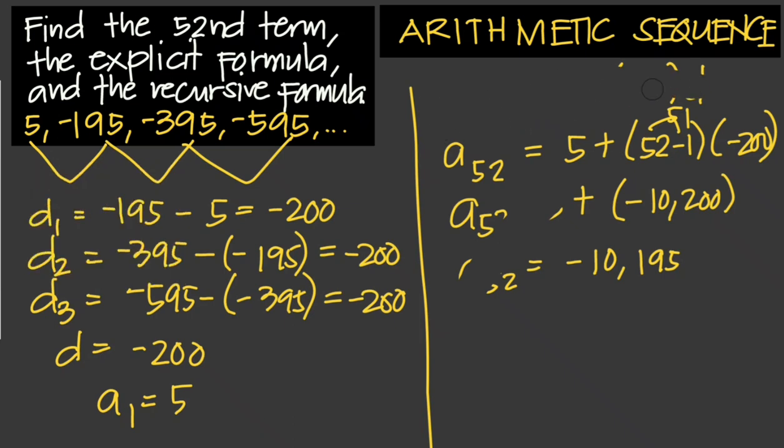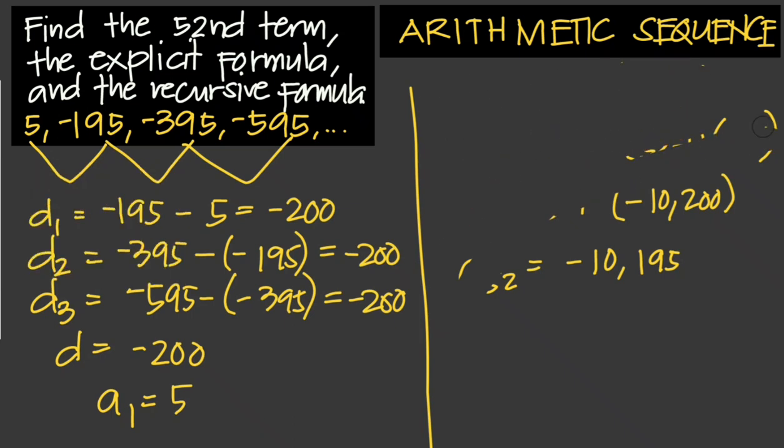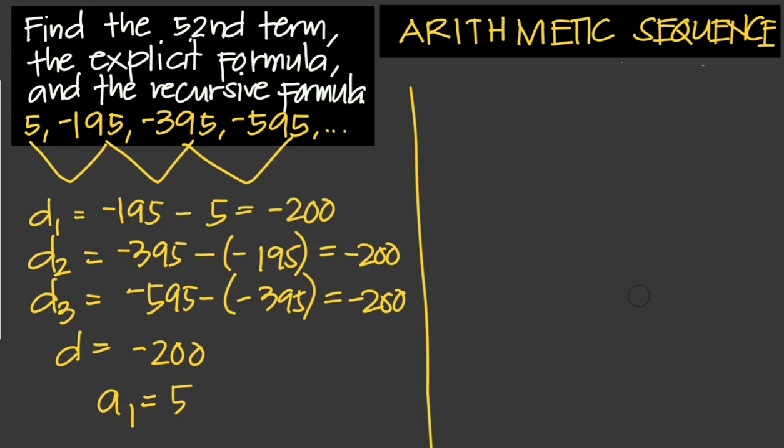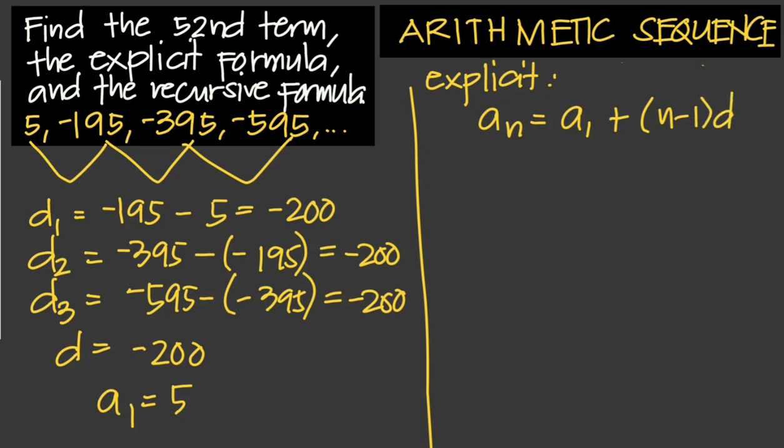Now to write our explicit and recursive formulas. Explicit formula: a sub n equals a sub 1 plus n minus 1 times d. Again, we just plug in our a sub 1 and d here. So a sub n is equal to 5 plus n minus 1 times negative 200.